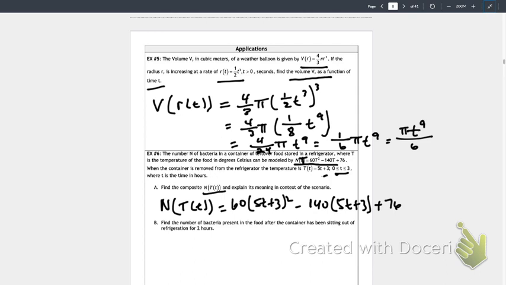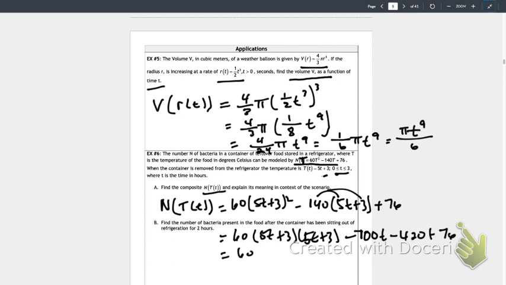All right, I'm going to try to work this out real quick. So that ends up being, I'm going to write in this other part here, 60 times 5t plus 3 squared. That's like saying 5t plus 3 times 5t plus 3. I'm going to go ahead and distribute this. 140 times 5 would be 700t minus, let's see, 420 plus 76.